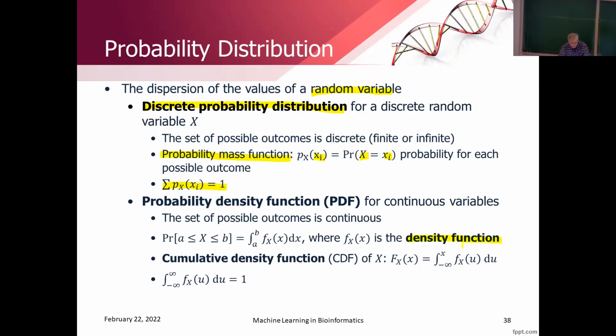A density function is such a function that the probability that x is at least a and at most b is the value of the integral between a and b of the density function f of x dx.